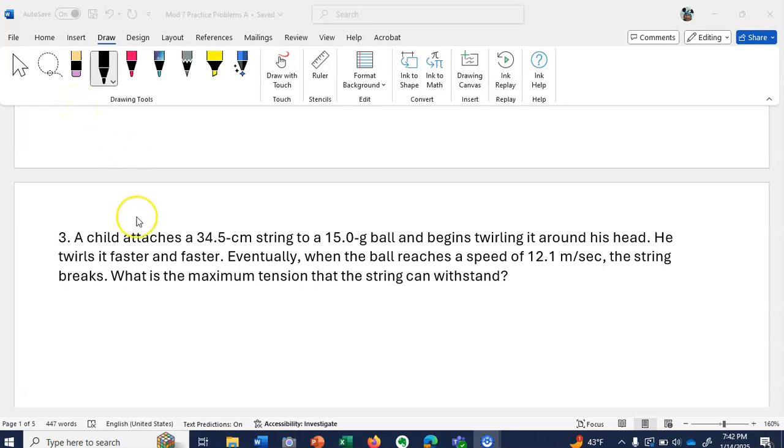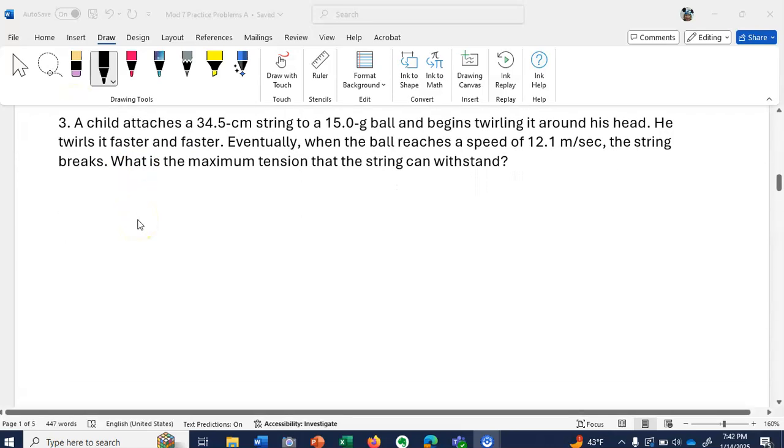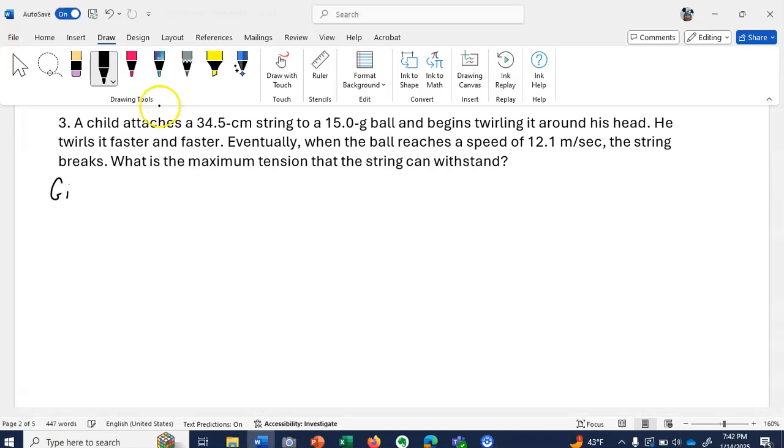All right, let's keep going. So here we have a child attaches a string to a ball. This is going to be our radius, and we have to convert it to meters, so we're going to divide by 100.